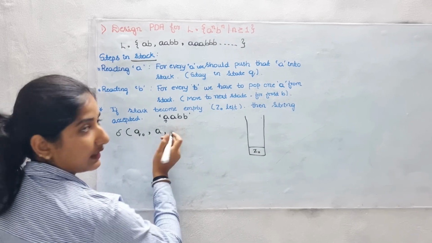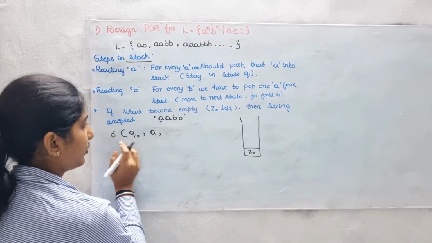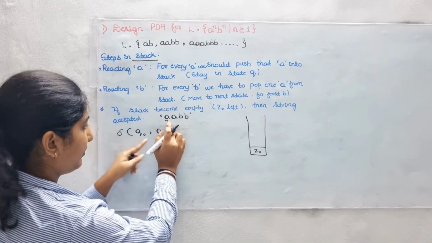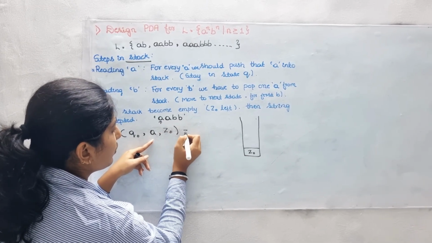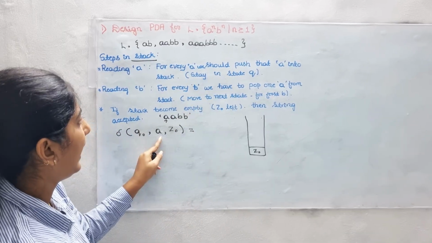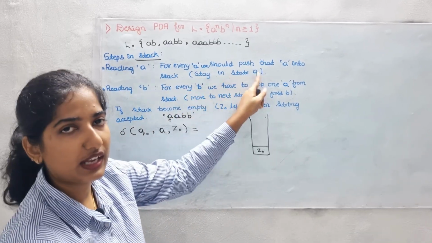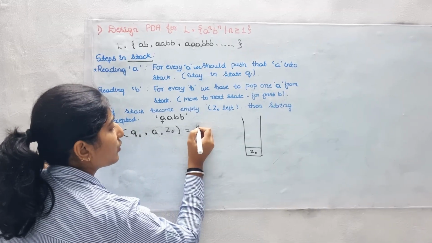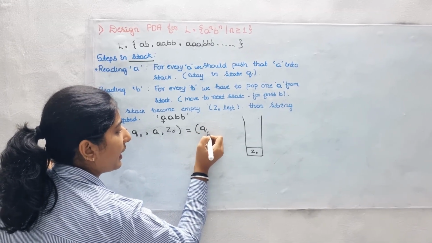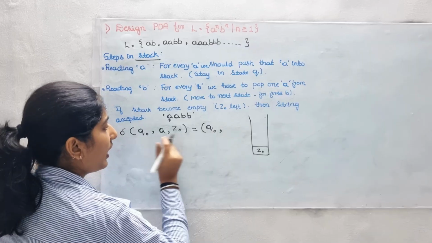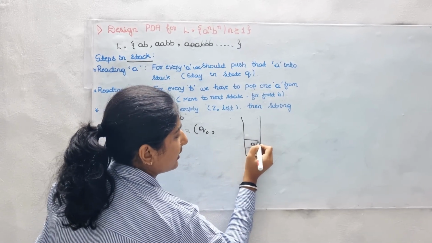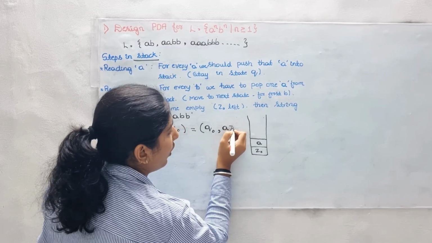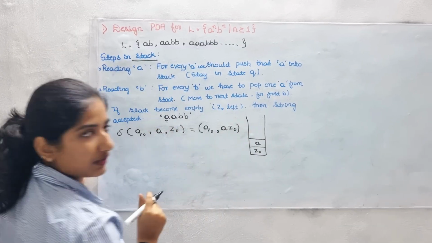So I read this input symbol a, and the top of the stack is z naught. So if I get a, then I should stay in state q0 only. So in the output we remain in state q0, and I push this a onto the stack, so it will be q0, a z0.